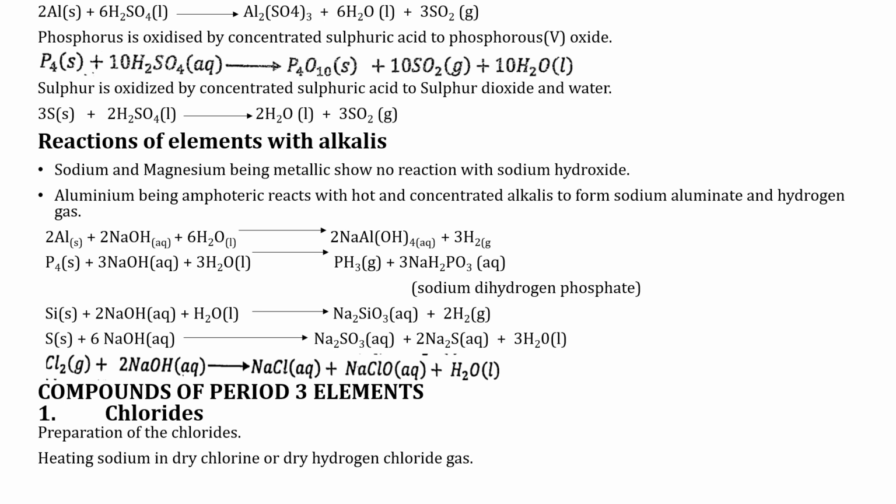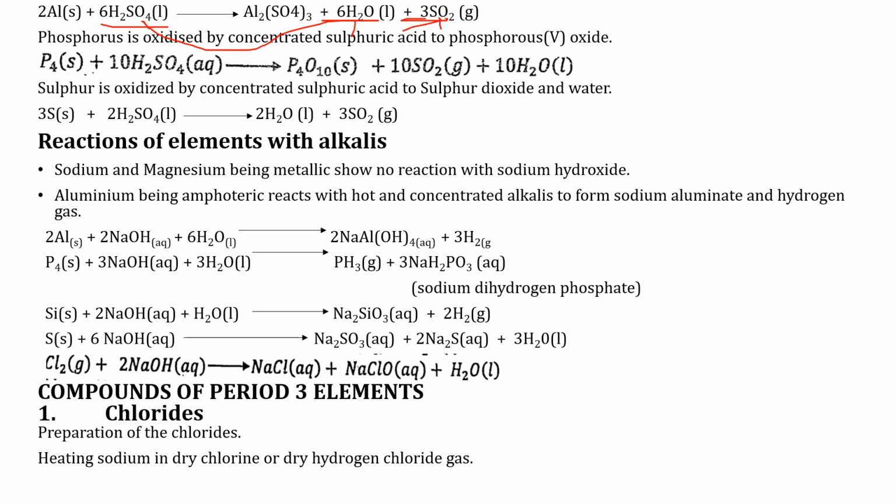Now proceeding to the next slide, we are seeing that aluminium is oxidized by hot concentrated sulfuric acid to aluminium sulfate, and after the acid oxidizes, it gets reduced to sulfur dioxide and water, just like you are seeing. And similar applies to phosphorus. Phosphorus is oxidized by hot concentrated sulfuric acid to phosphorus pentaoxide.